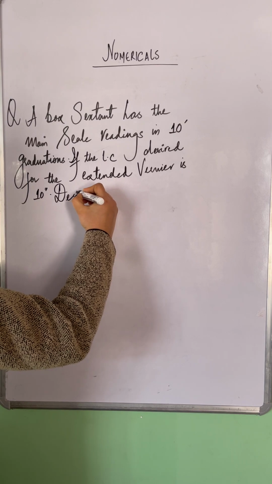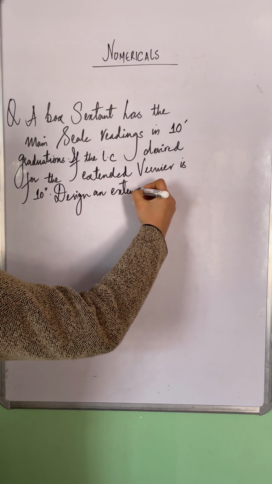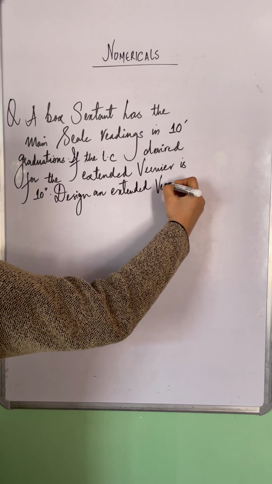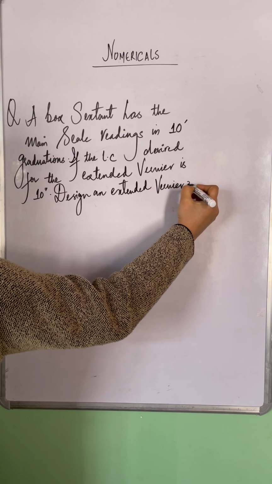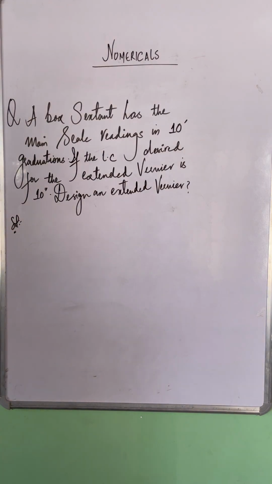We have to design an extended vernier for this case. So the question is, a box sextant has the main scale readings in 10-minute graduations. If the least count desired for the extended vernier is 10 seconds, design an extended vernier.